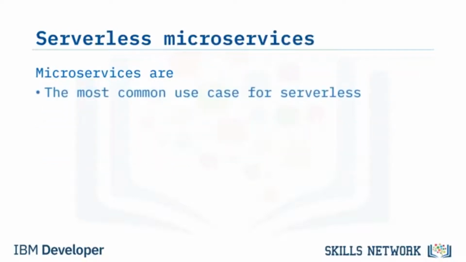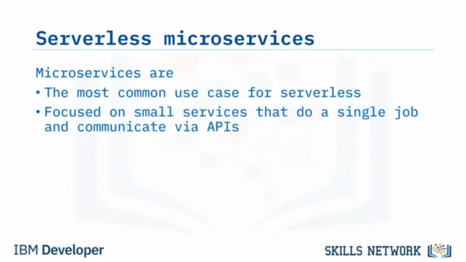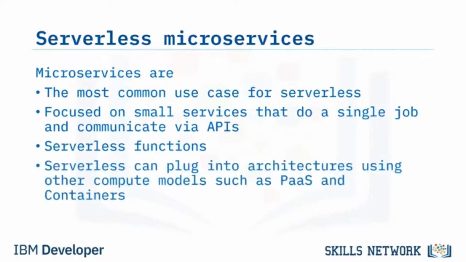The most common use for serverless today is to support microservices architectures. The microservices model focuses on creating small services such that each service performs one job. Those services communicate with each other using APIs. While you can use either PaaS or containers to build and operate microservices, serverless easily plugs into the single-task microservices architectural model.